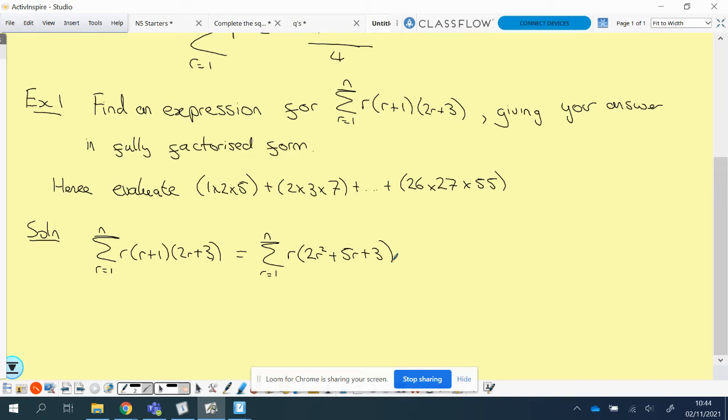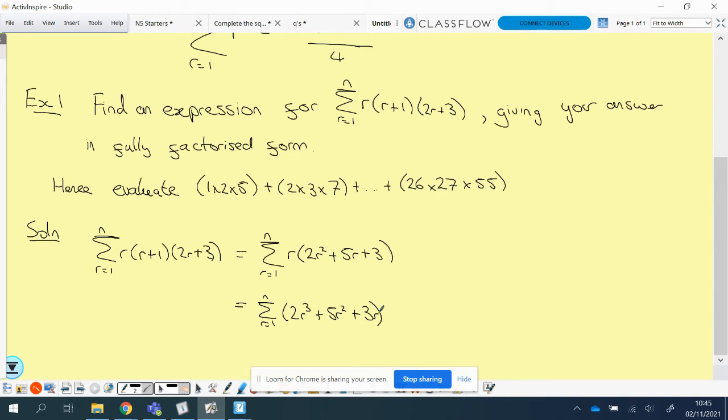I multiply the last two brackets together, and then if I multiply everything through by r, I've got the sum, as r goes from 1 up to n, of 2r cubed plus 5r squared plus 3r. Remember that r there, 3r.